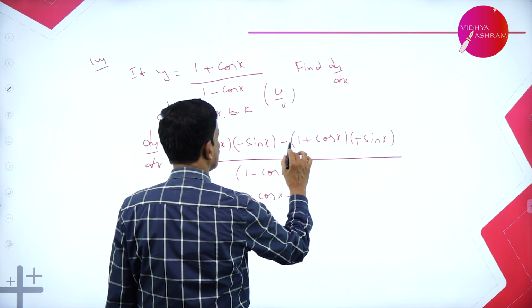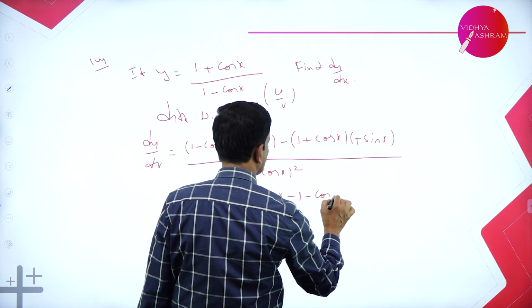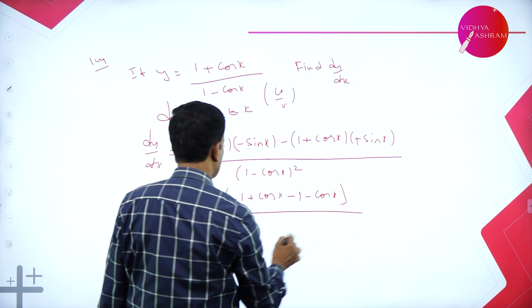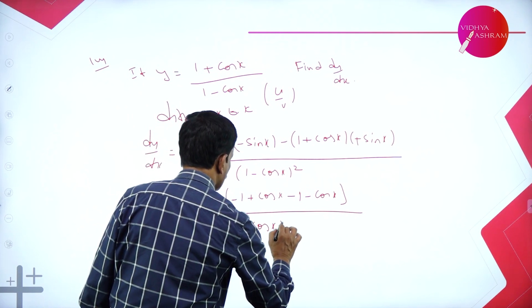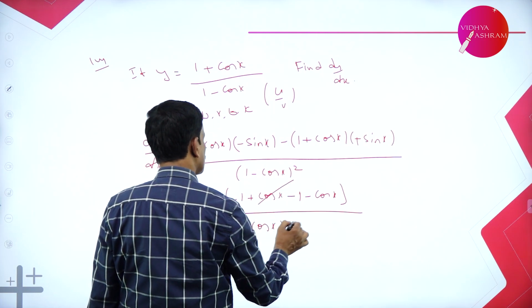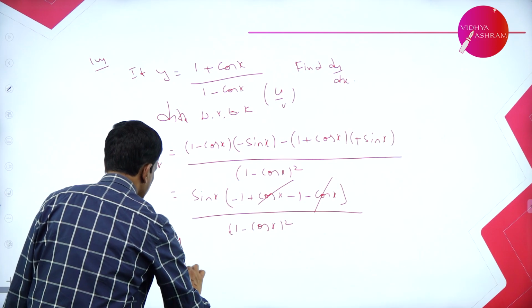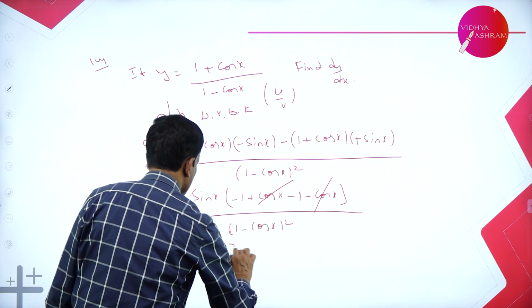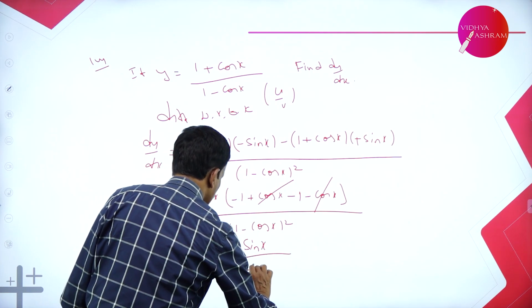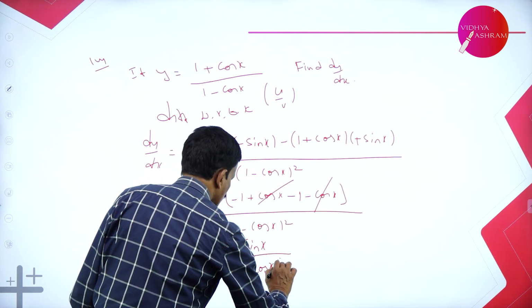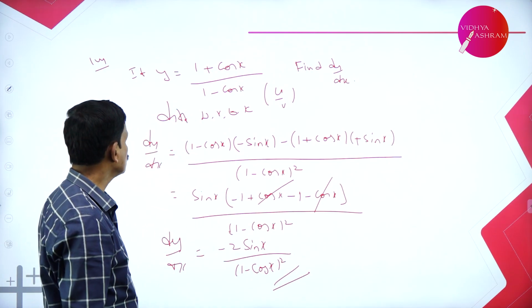What is left is minus 1 into 1 is minus 1, minus 1 into cos x is minus cos x, divided by the denominator (1 minus cos x) whole square. Now here plus cos x minus cos x gets cancelled. So therefore dy/dx is equal to minus 2 sin x divided by (1 minus cos x) whole square. This is how we are going to differentiate this function.